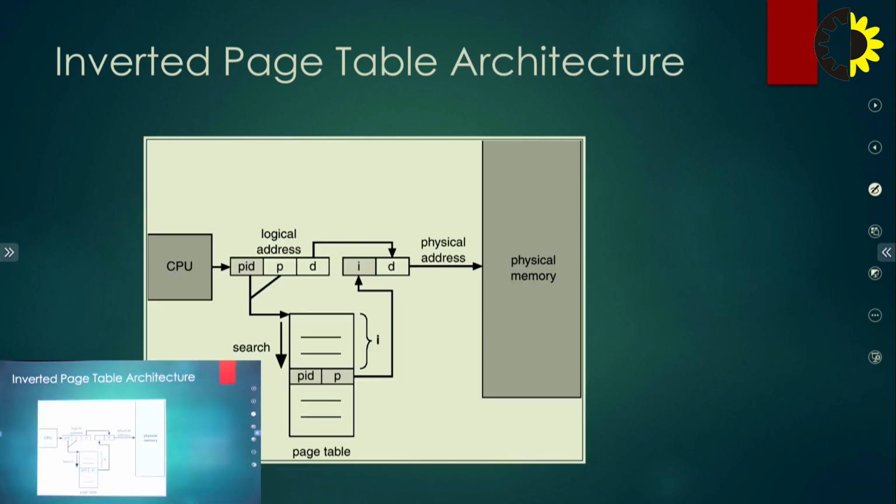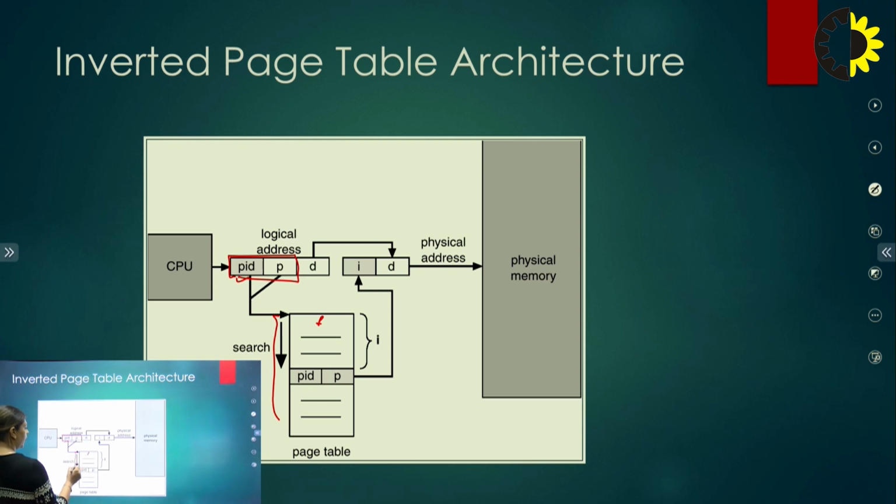Now see what is actually done in the inverted page table. We have the process ID also, right? The process ID and that particular page number form one entry now, right? Earlier, we were writing page numbers here and F here.